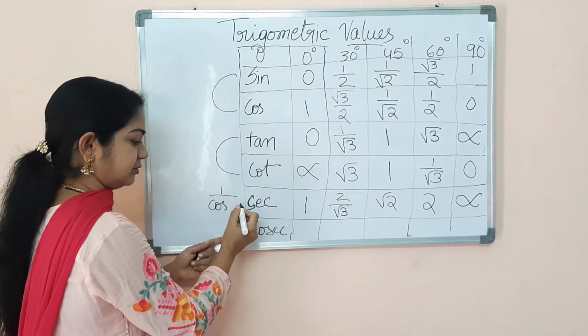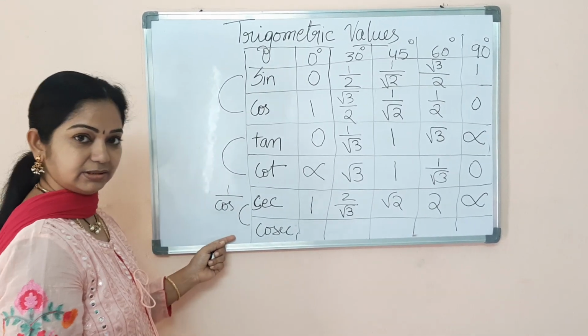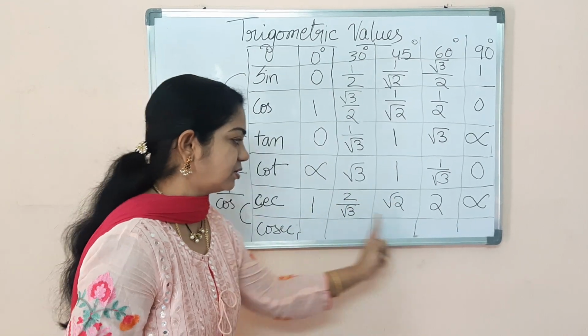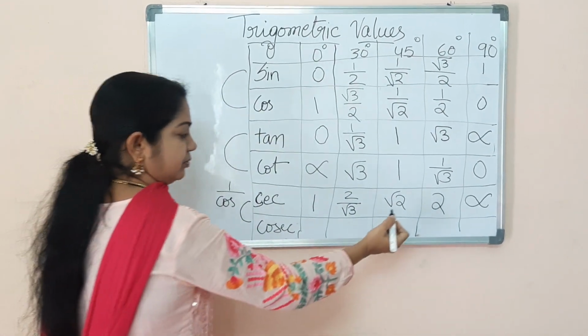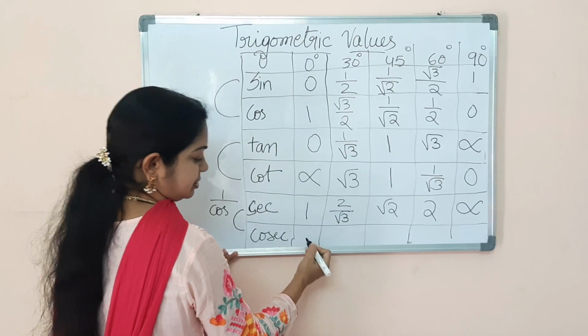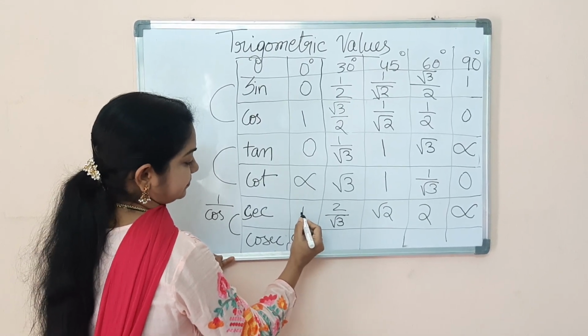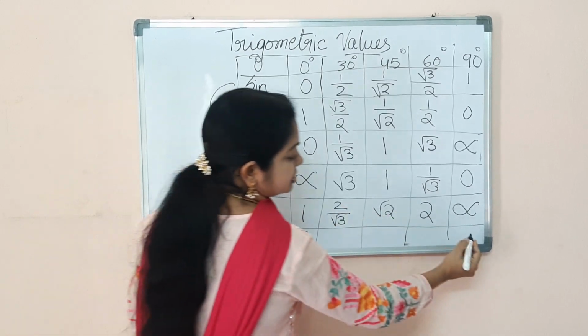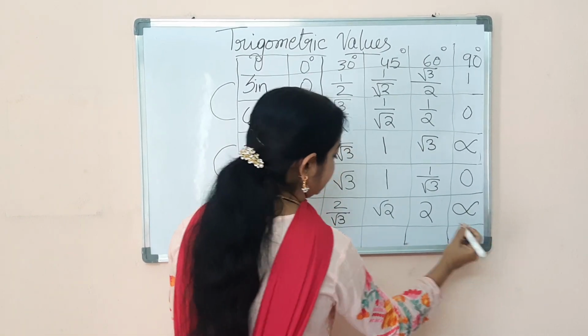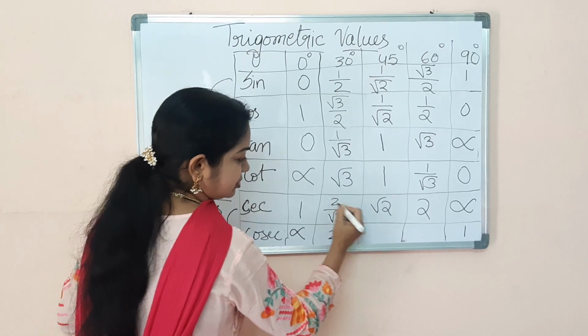For secant and cosecant, they are complementary, so we can crisscross the values. You have to write secant 90 degrees is cosecant 0, that is infinity, and secant 0 is cosecant 90. Likewise, just crisscross the values.